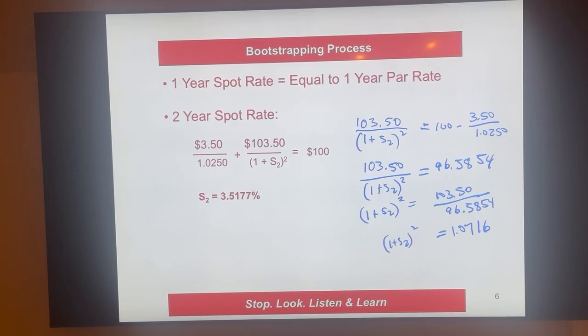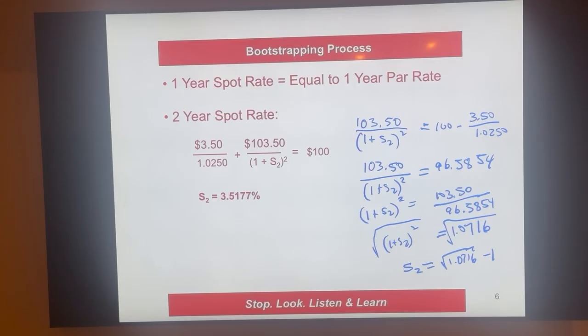And then of course you have to take the square root of both sides, and that will give you the 2nd-year spot rate, which would be equal to this number here minus 1. If you go through the math, you'll see that it turns out to be 3.5177%.